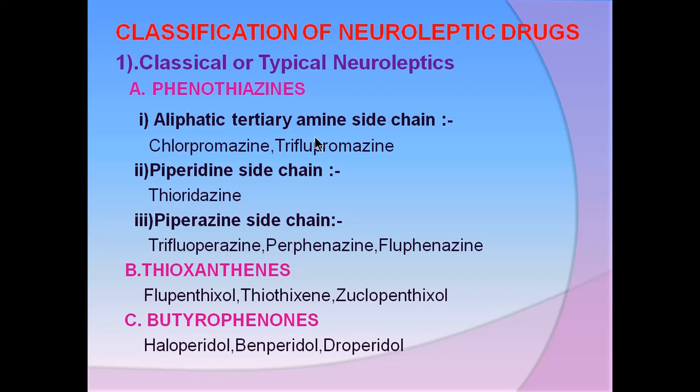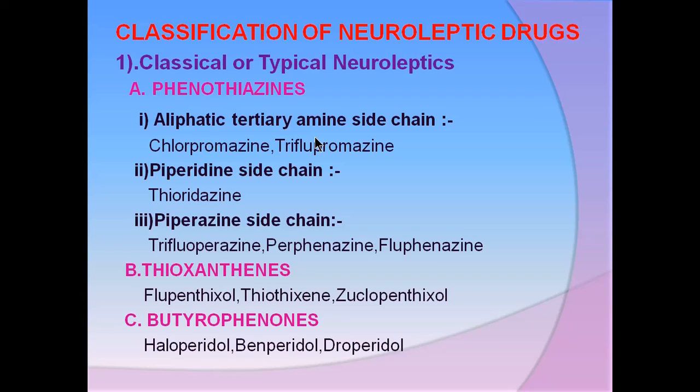But this term is also not complete because there are some antipsychotic drugs belonging to atypical groups like clozapine, olanzapine, etc. that have antipsychotic actions but negligible extrapyramidal side effects. So these days, neuroleptic and antipsychotic terms are used interchangeably.